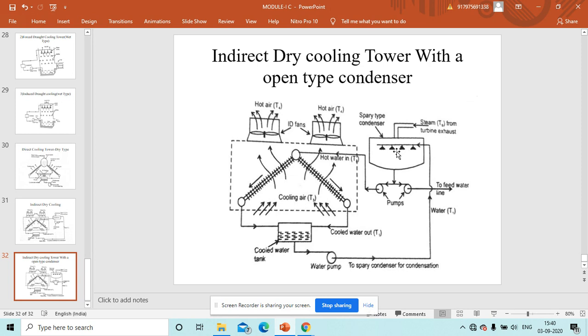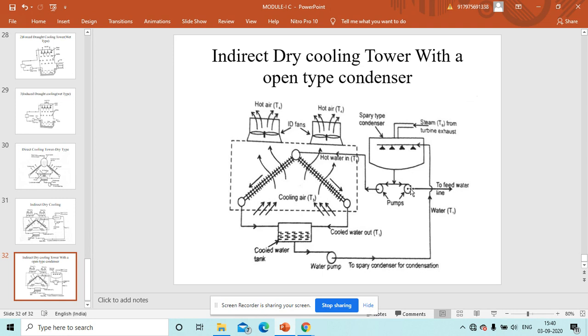How they are cooling, please observe here. Steam comes from the turbine and passes like this. Cold water is sprayed on the steam, and because of that contact, it will be condensed at this point and come down here.